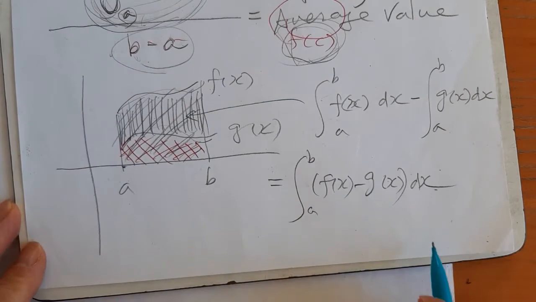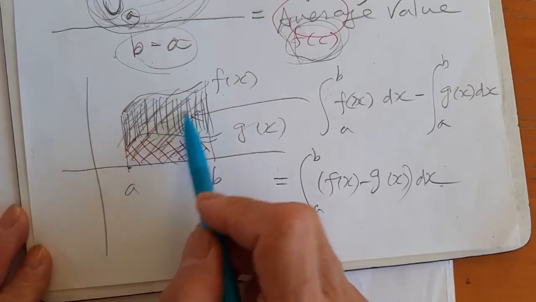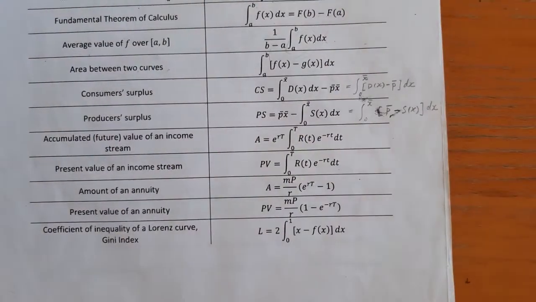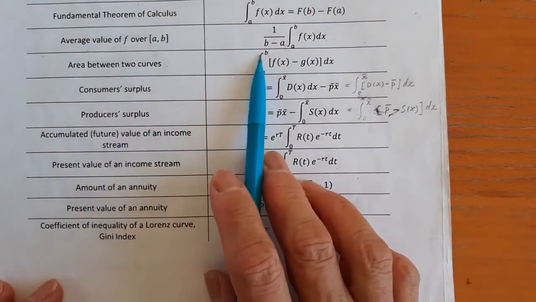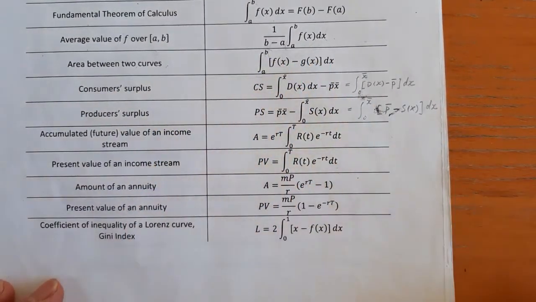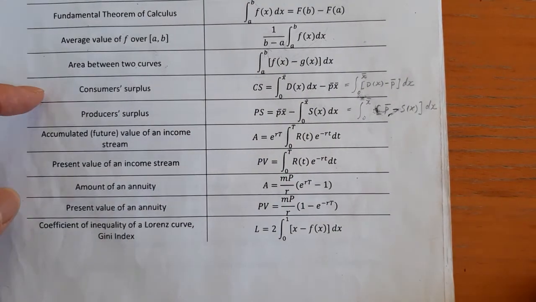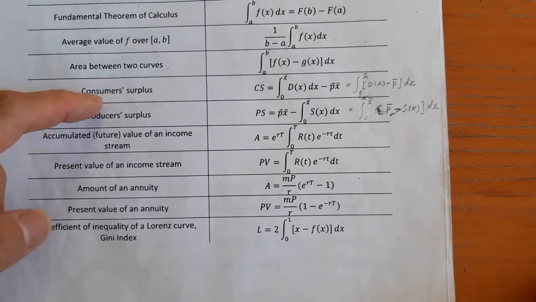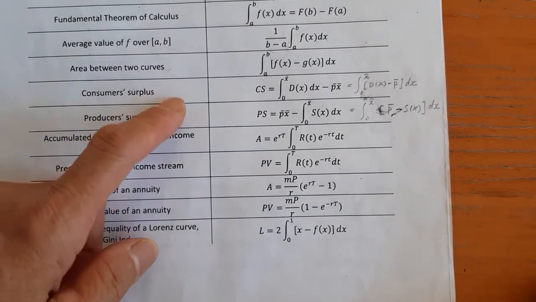Add together, that is the area between two curves. So the formula for area between two curves is integral a to b, the top function minus the bottom function, dx.